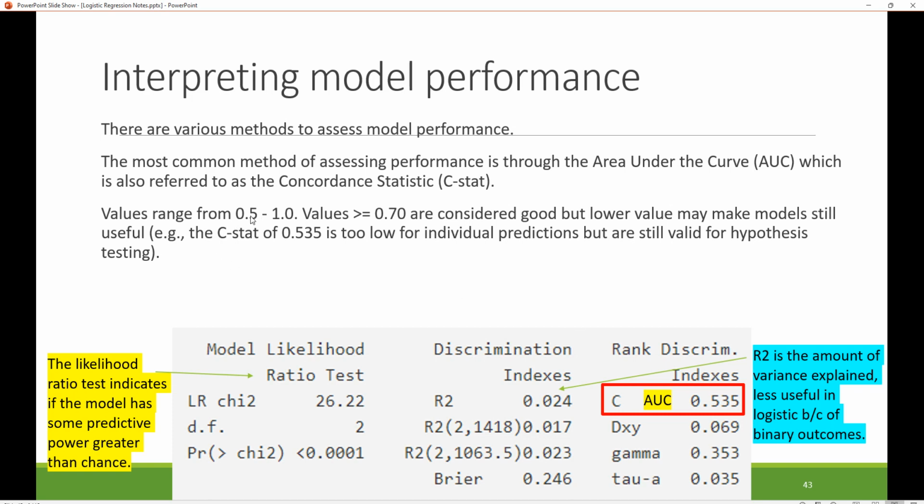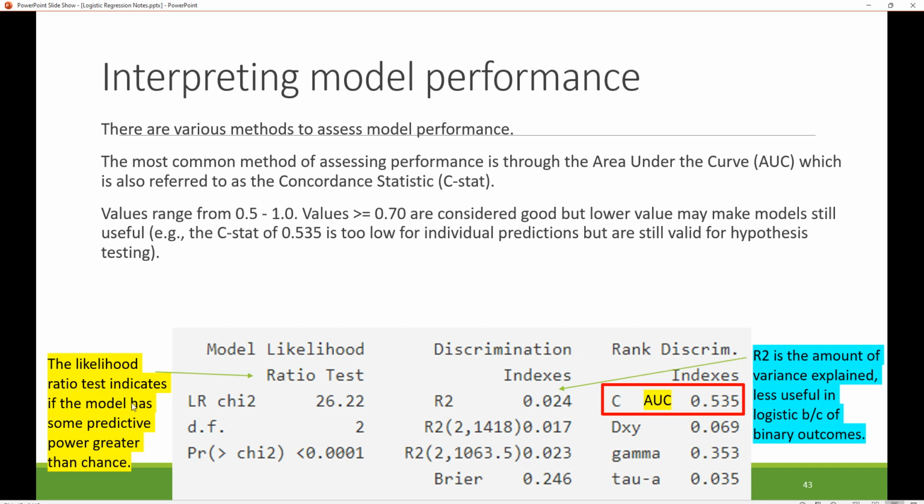For the AUC, values range from 0.5 to 1. Values greater than 0.7 are considered good, but lower values may make models still useful. For example, a C statistic of 0.535 is too low for individual predictions, but still valid for hypothesis testing.